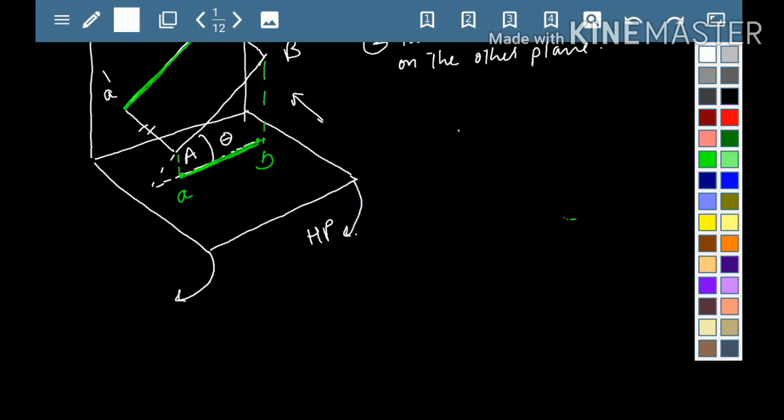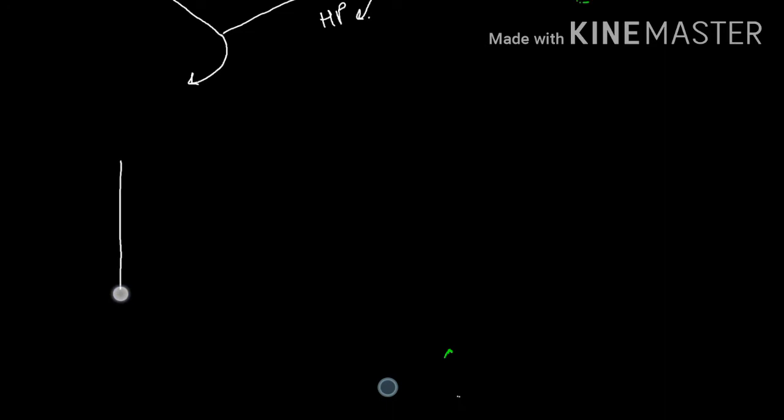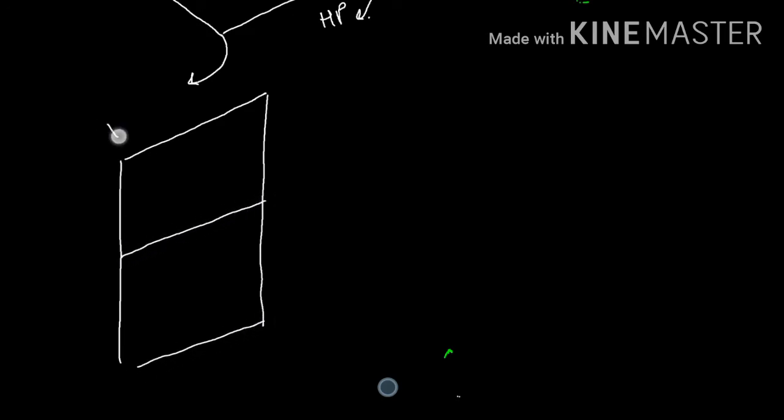Now what we generally do is rotate our plane by 90 degrees. If we rotate our plane by 90 degrees, what will happen? This was my plane. VP and HP, this is XX, both align with each other.